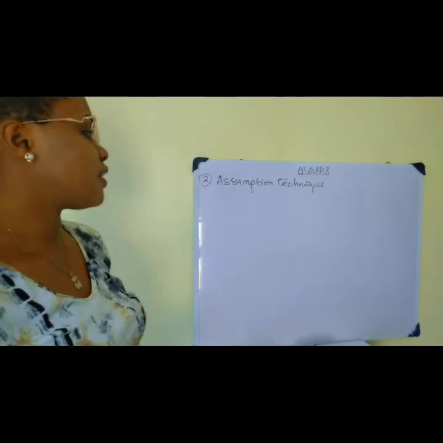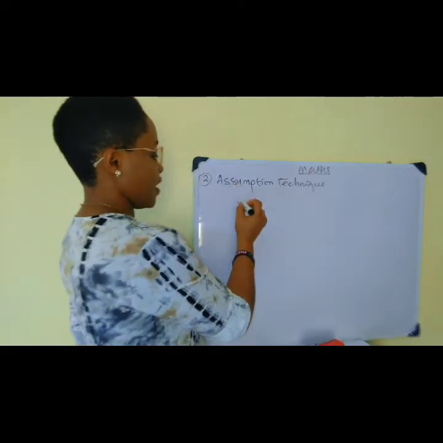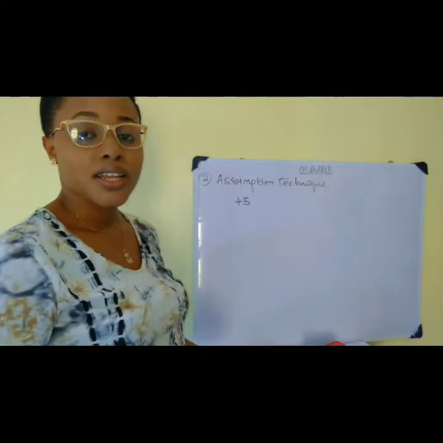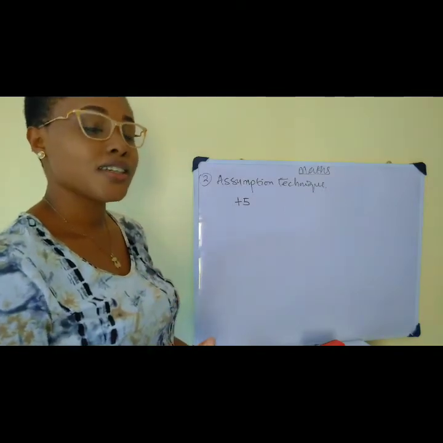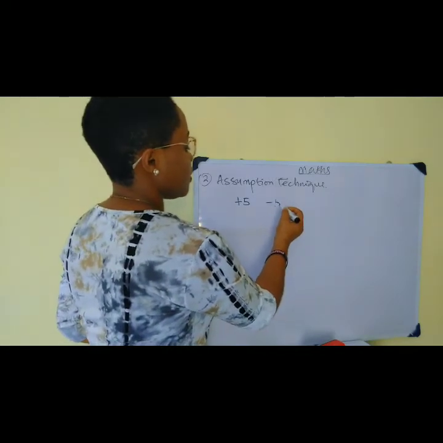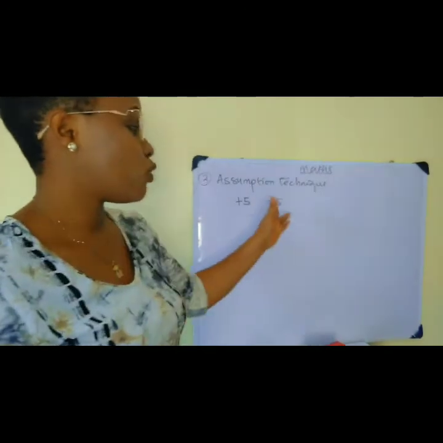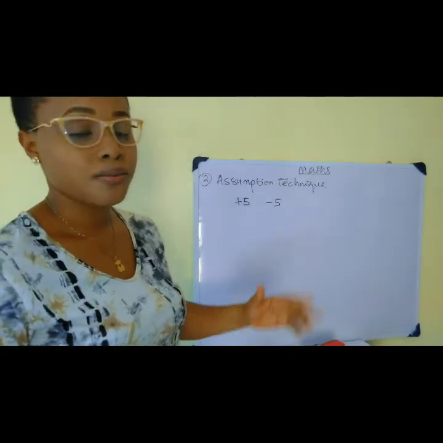So for this assumption technique, this is how it works. If you have a positive number, you assume that that is the amount of money that you have at hand. And if you have a negative number, you assume that that is the amount of money that you owe.